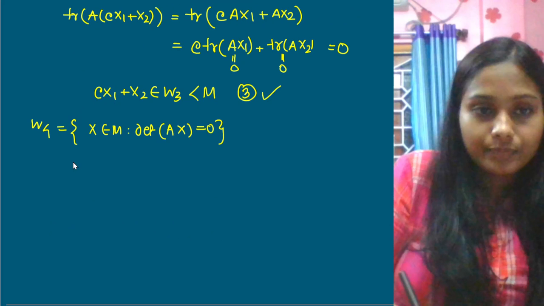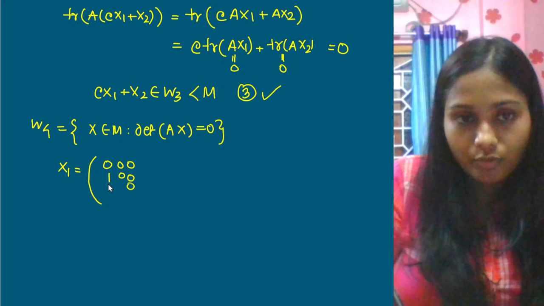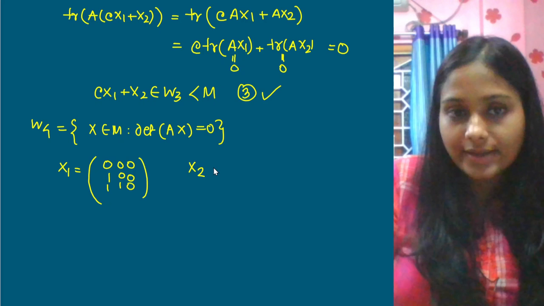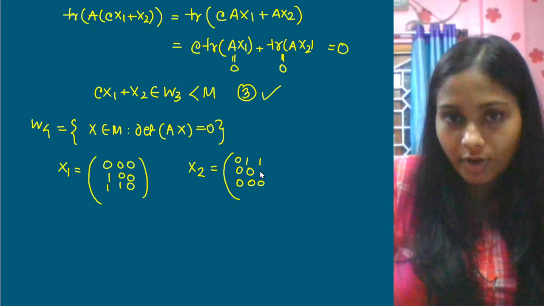Okay. So, let us take x1 as 0, 0, 0, 0, 0, 0, 1, 1, 1 and x2 as 0, 0, 0, 0, 0, 0, 1, 1, 1.